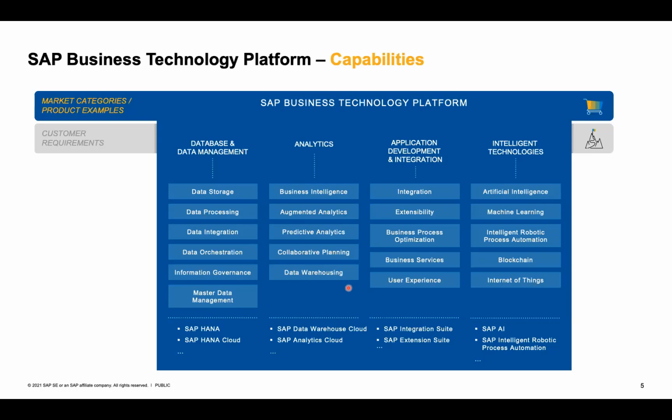And then there are other services and applications that are a bit newer, like the intelligent technologies on the right-hand side. For example, intelligent robotic process automation, blockchain, and stuff like that. You cannot really say future technologies because they are already in use right now, but there's still a lot of future potential in these areas. So that's why they are summed up under intelligent technologies.